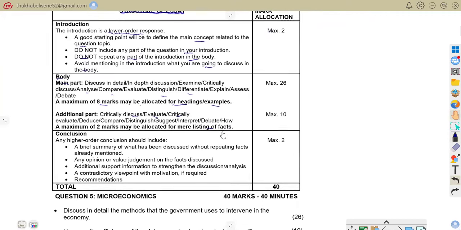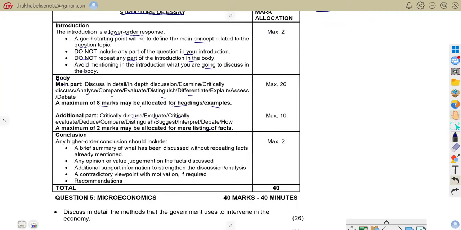Now coming to the conclusion. Any higher order conclusion should include a brief summary of what has been discussed without repeating facts already mentioned, any opinion or value judgment on the facts discussed, additional support information to strengthen the discussion or analysis, a contradictory viewpoint with motivation if required, as well as what?